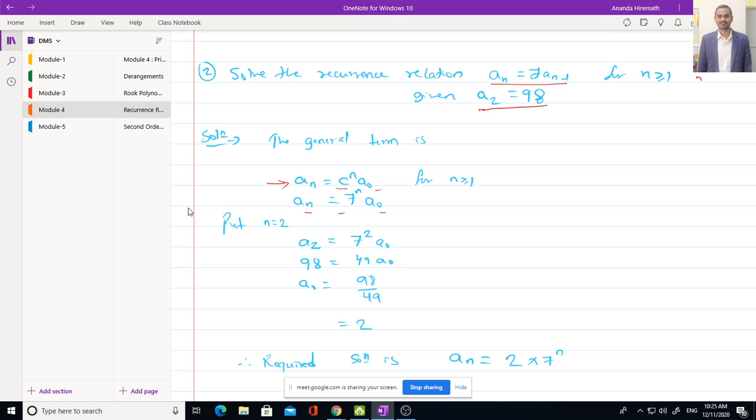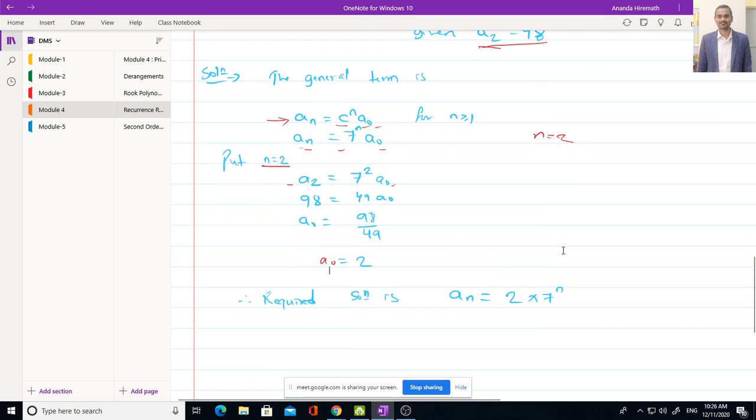Now here a2 is given, which means we are going to put n equal to 2. If I put n equal to 2, I will get a2 = 7^2 a_0. Now a_0 is equal to 98 divided by 49, so a_0 will be equal to 2. Now we can put it in this equation. So a_n = 2 times 7^n. So this is the required solution.